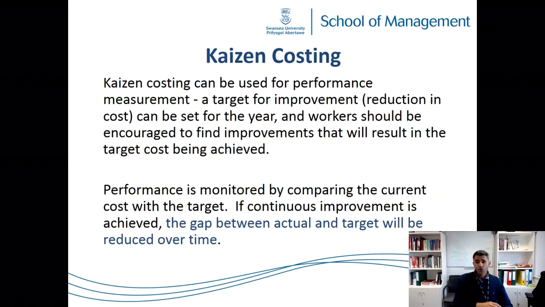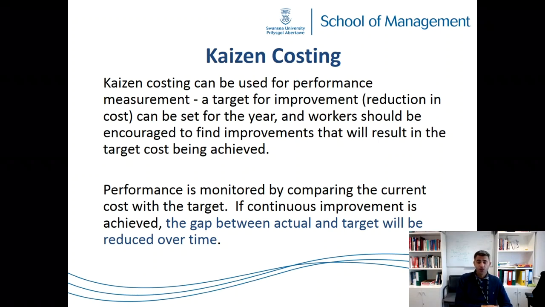In terms of Kaizen Costing, as I said, the business should encourage the employees to do this. Also remember that if the continuous improvement or Kaizen Costing is improved, the gap between the actual and the target cost will be reduced over time.